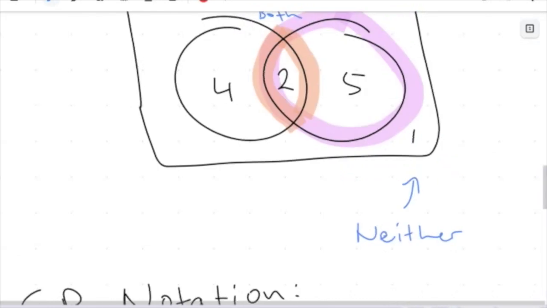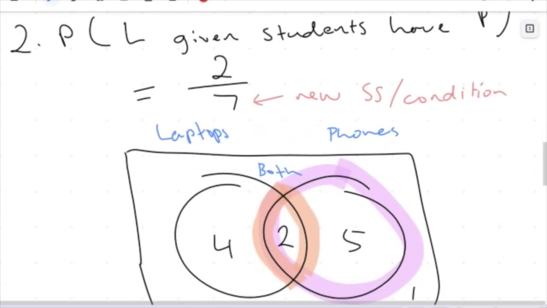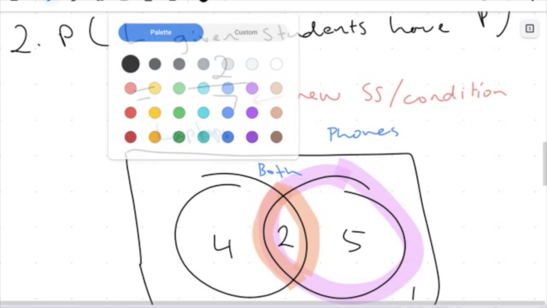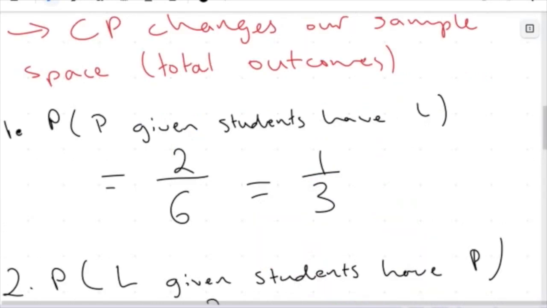So here, when we looked at, for example, the probability of students having laptops given they have phones, we can rewrite this as probability of laptops, given is this vertical line, given they have phones.